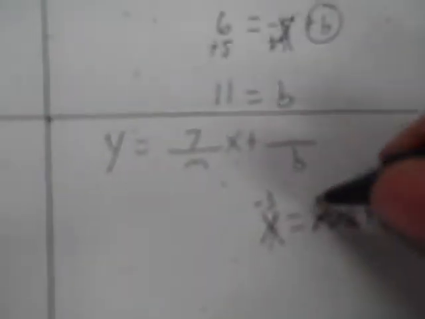The m is the 7 times the x, which is 2. So I need to take 7 times 2, and that's 14 plus b. Circle the b. We need to move the 14 out of there. It's positive, so we subtract it. -3 minus 14 is -17.